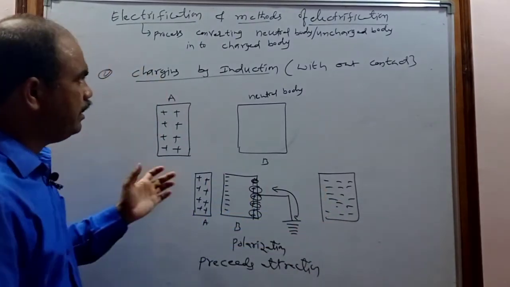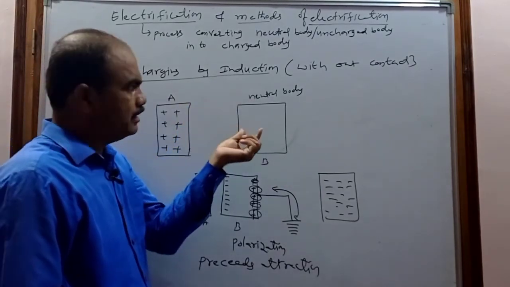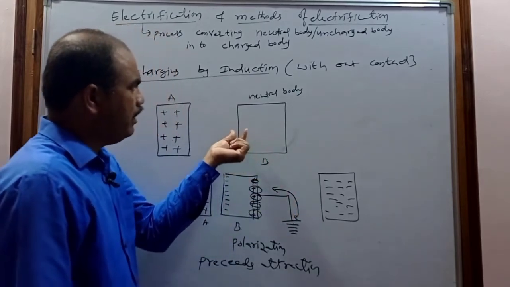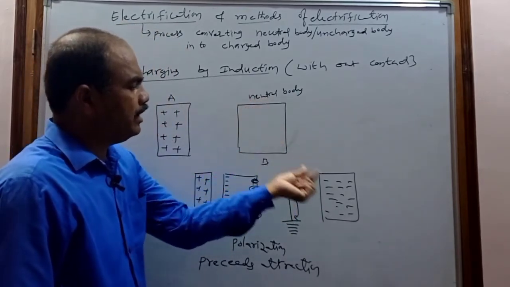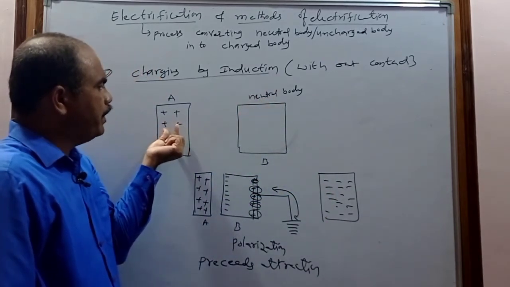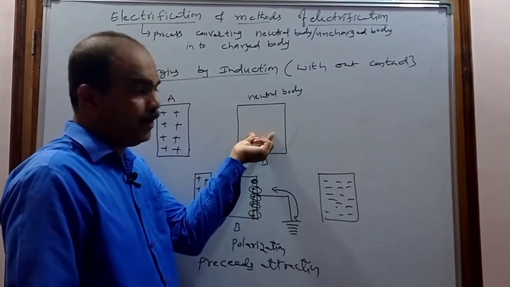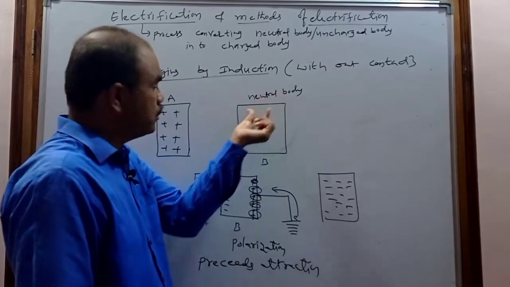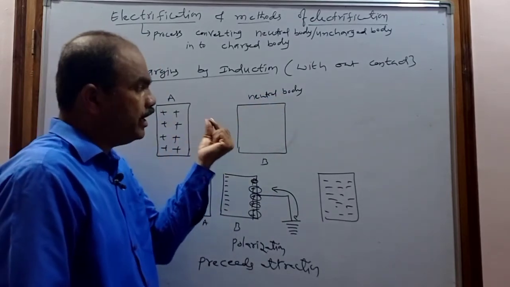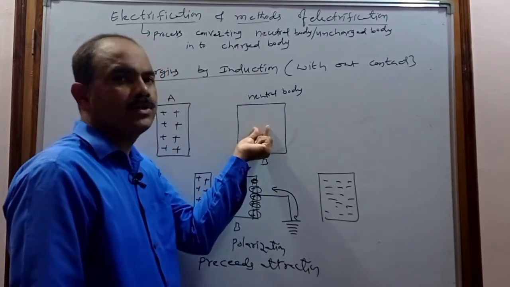So in this way, by using the induction process, we can charge a neutral body. Here we are giving the negative charge to the neutral body by bringing the positive charged body very near to it. To give the positive charge to a neutral body, we have to bring the negative charged body very near to it.